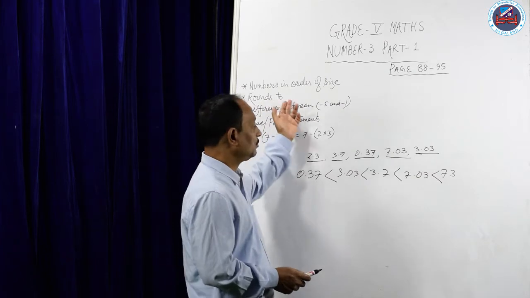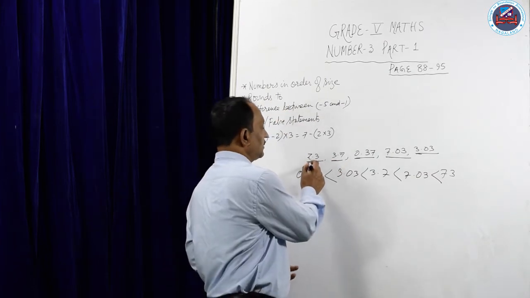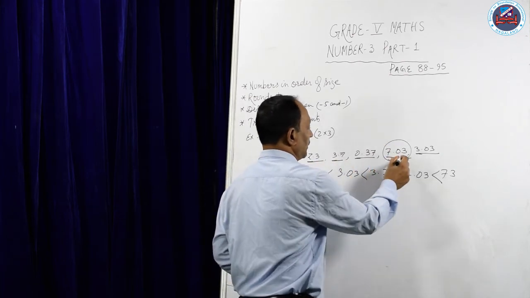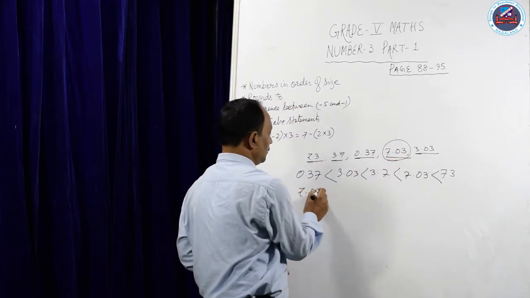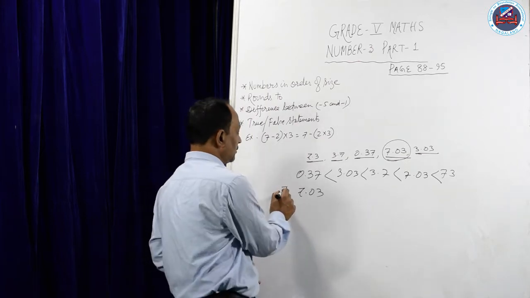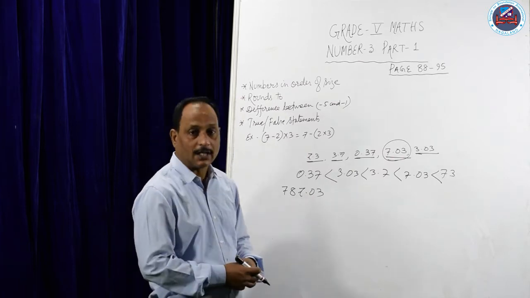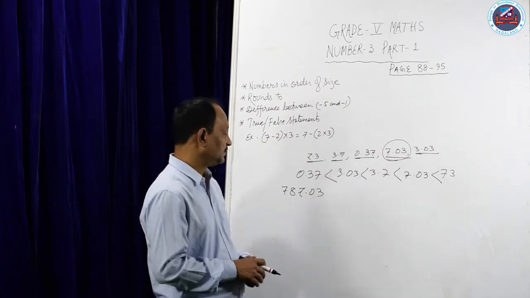Now rounding. From these numbers, let us take up 7.03. Let us take this one number, and add some more digits: 7, 8, 7 and 7.03. Rounding.